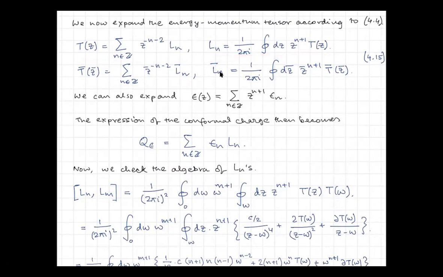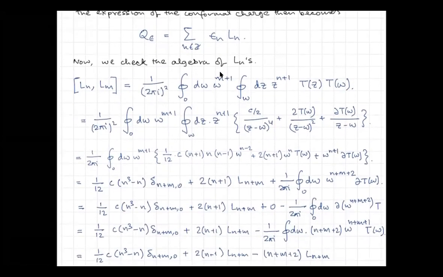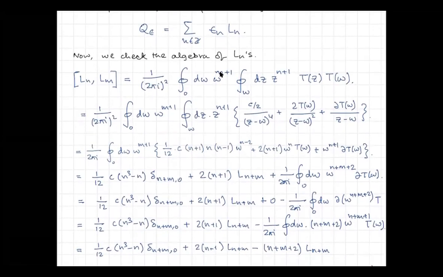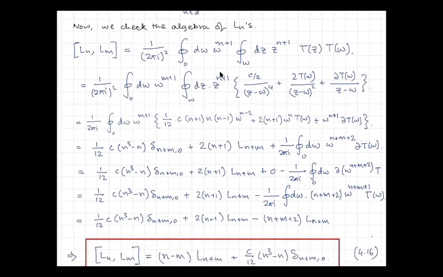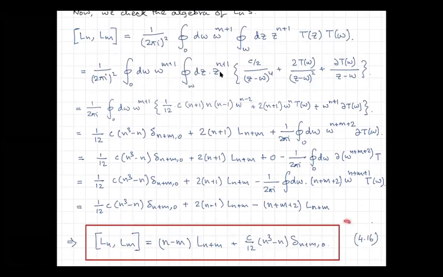Now you want to calculate the commutator of two such objects which are under integral signs. And what we did is we went through the analysis, and we used the OPE here. And once we used the OPE, we saw that we ended up in the Virasoro algebra that you had seen earlier.